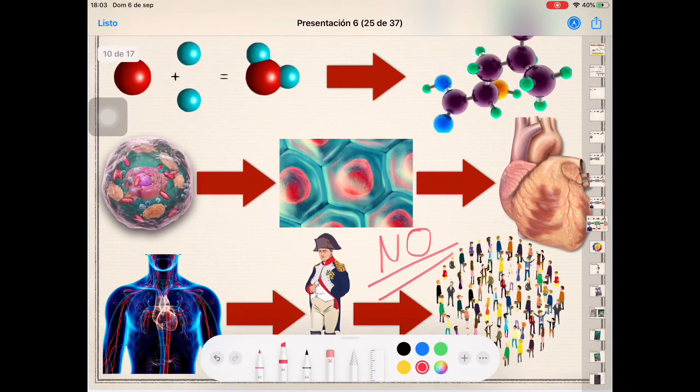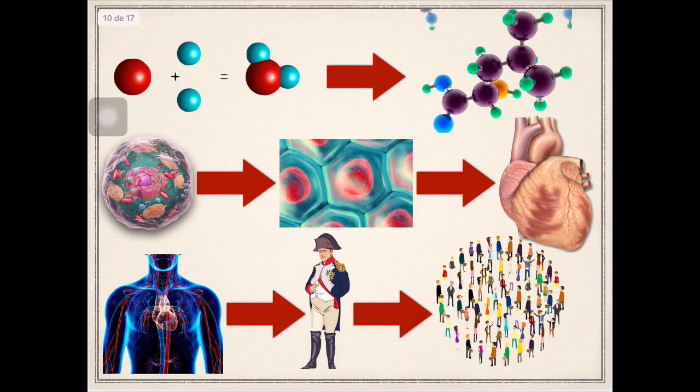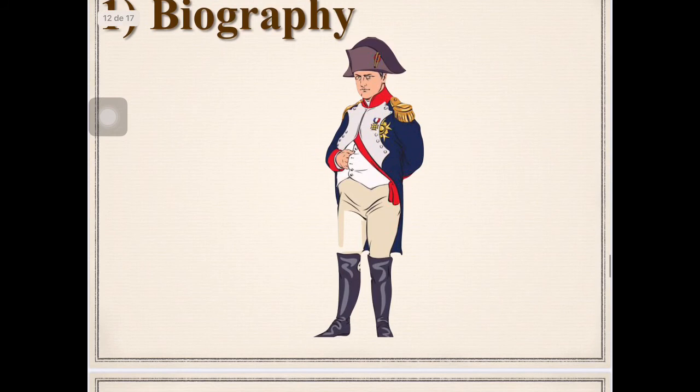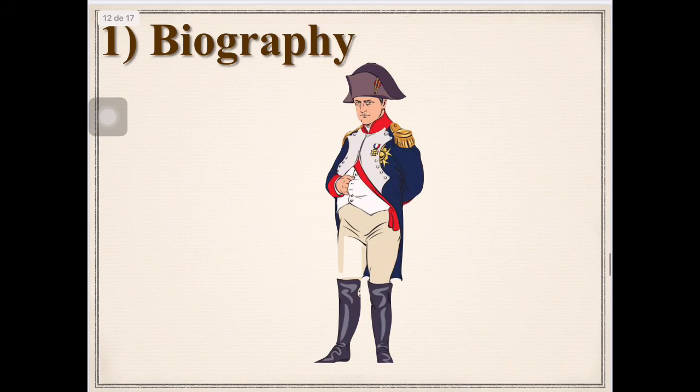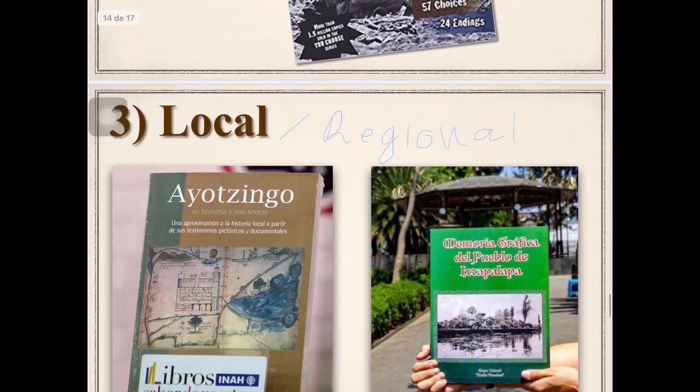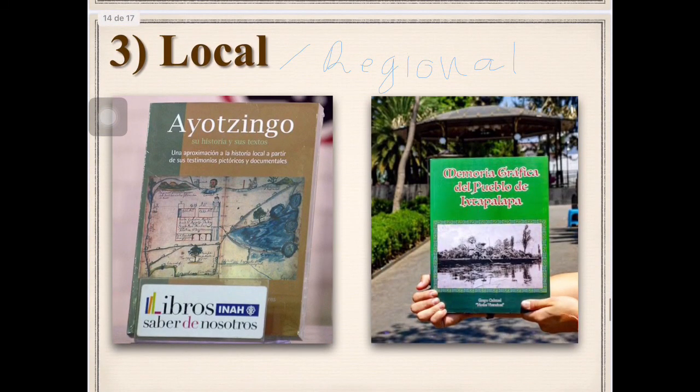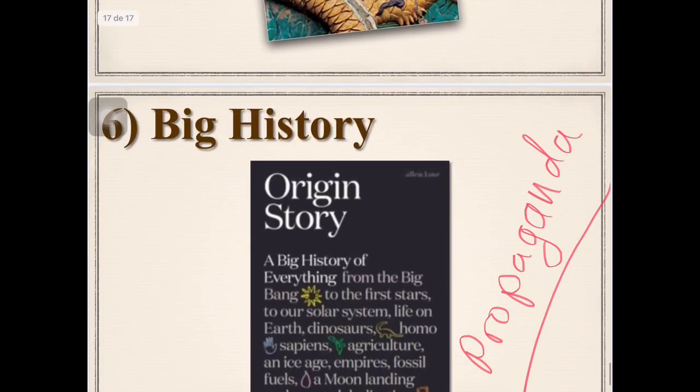So, what is going to be your homework? Of course, you have to watch this video on big history, but what I will ask you to do is one foldable, and I will include some videos or examples on foldables about all these scales of history: biography, monograph, local, global, world history, and big history.